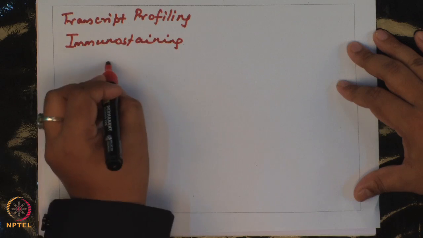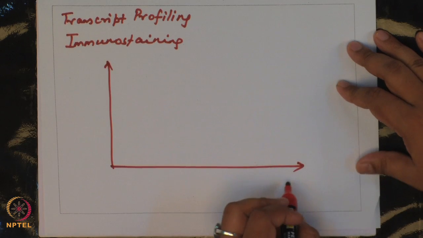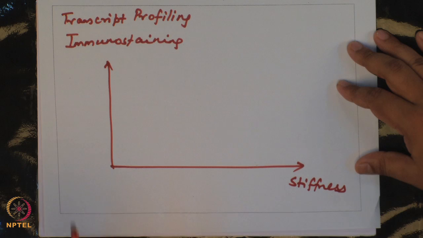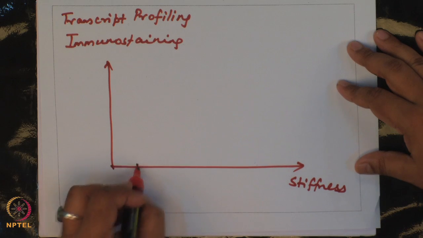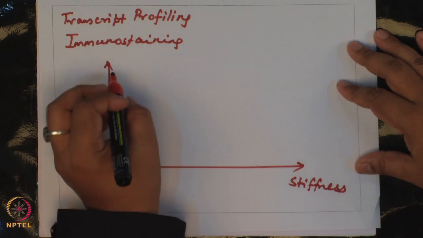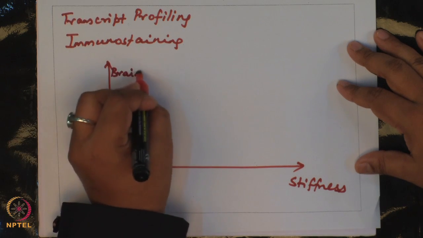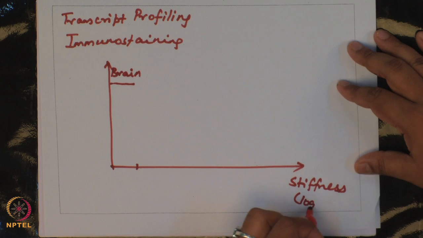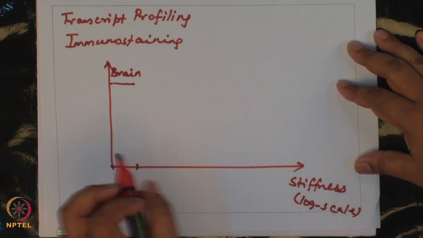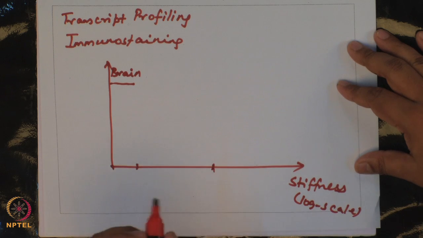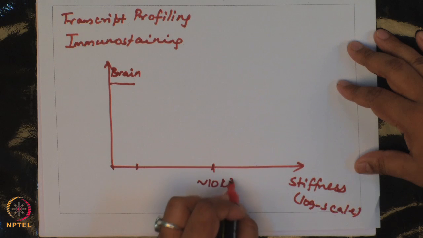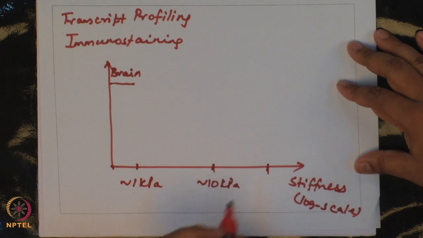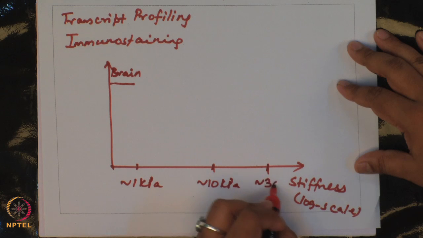So, if I were to plot as a function of stiffness, you have 3 zones, the softest zone, which is brain mimetic. So, it mimics the brain, soft range. This is in log scale. You have a zone which mimics order 1 kPa, order 10 kPa, and order 30 kPa.